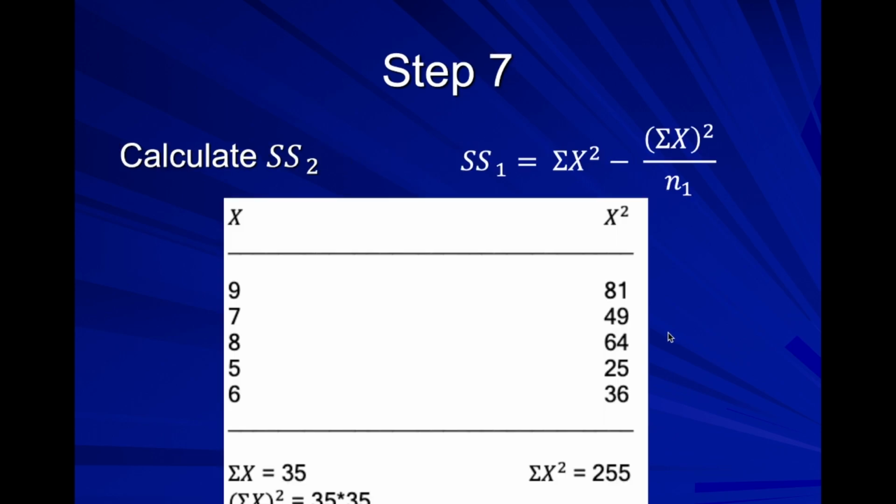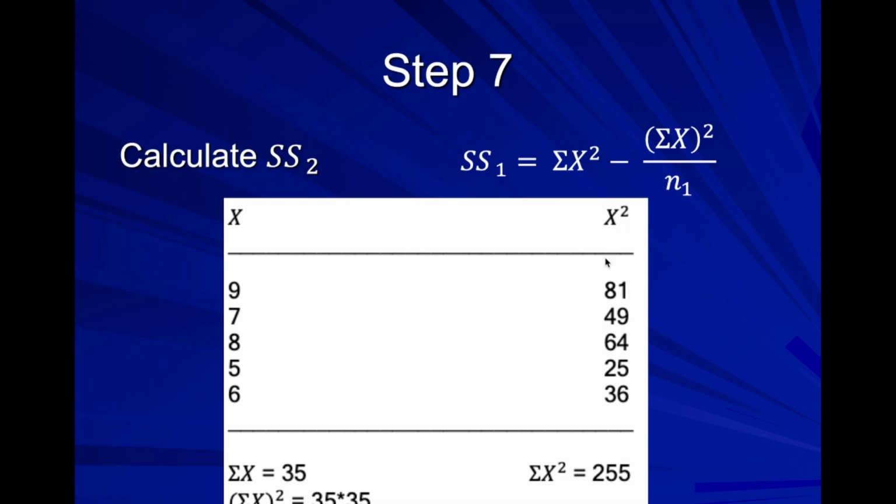Here's the sum of squares table for group 2. If you have a problem that says find the t-score for these scores, again you want to put it in a frequency table. Here's the frequency table for group 2. You have 9, 7, 8, 5, and 6, and I went ahead and squared those under the column of x squared.